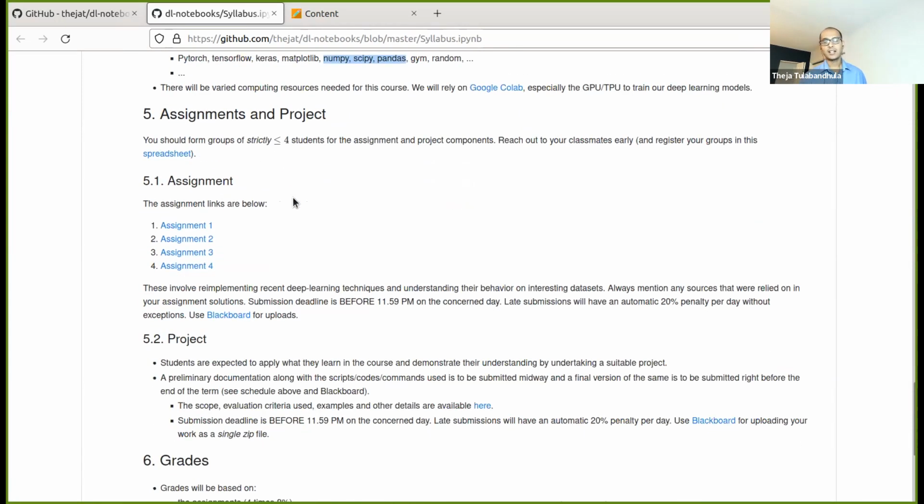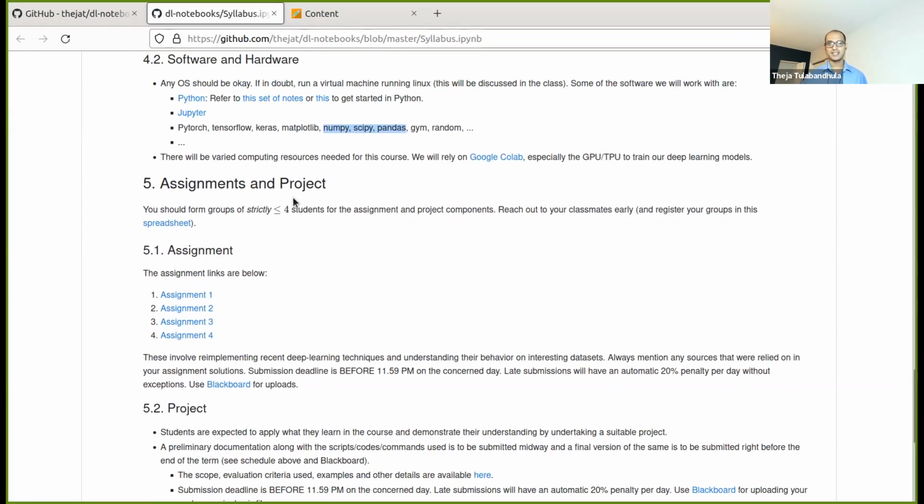Mostly, okay, let's talk about computation, because that's a very important thing especially for deep learning based exercises, which are in our assignments. We will rely on the generosity of Google to use Google Colab most of the time.